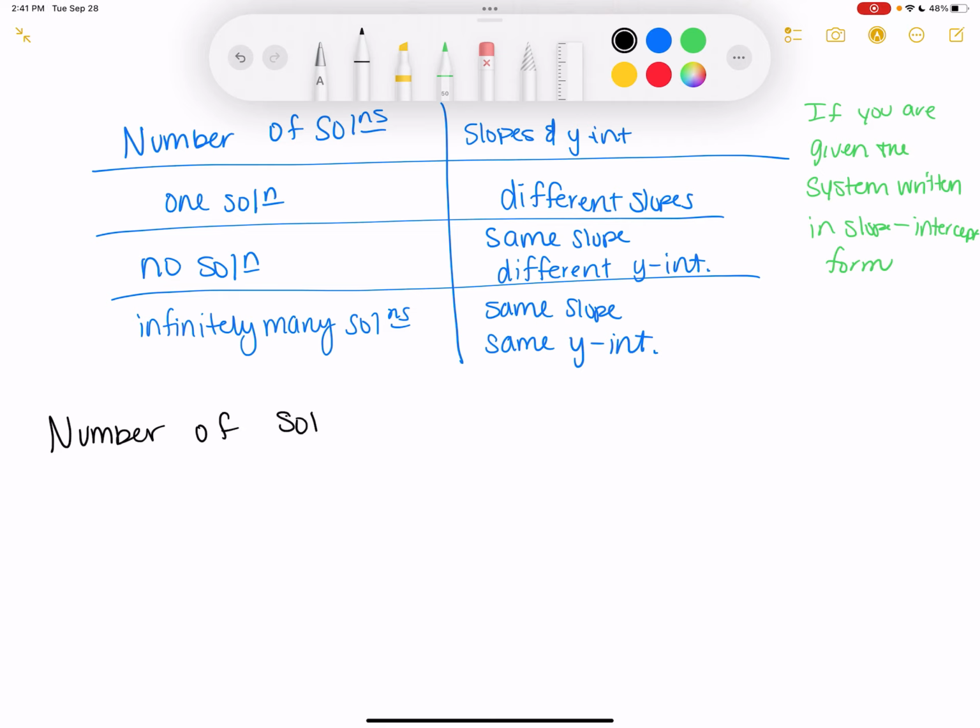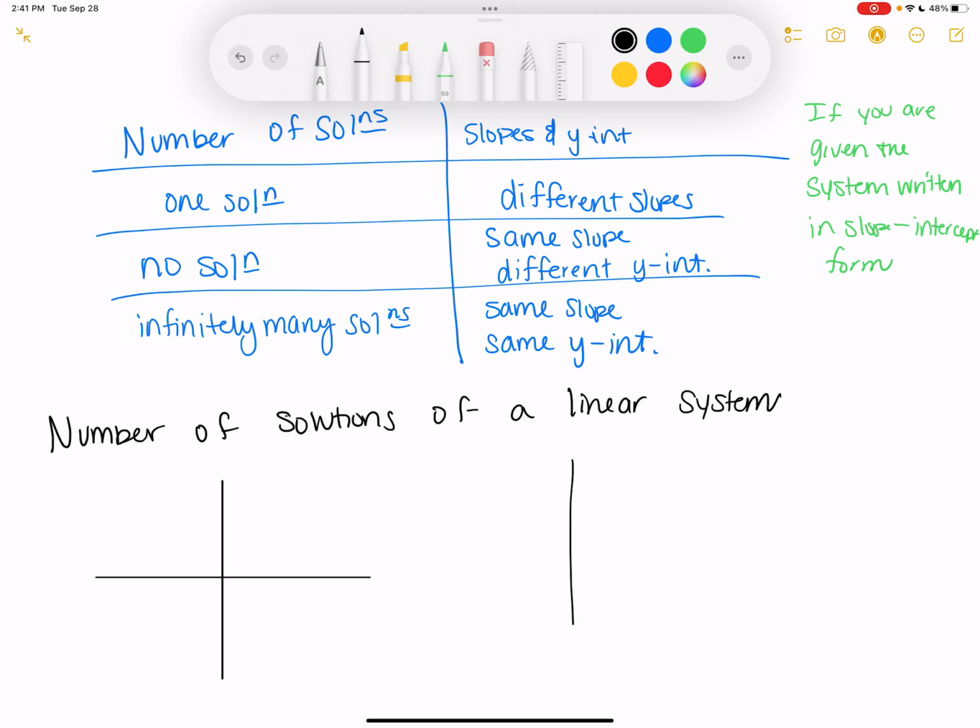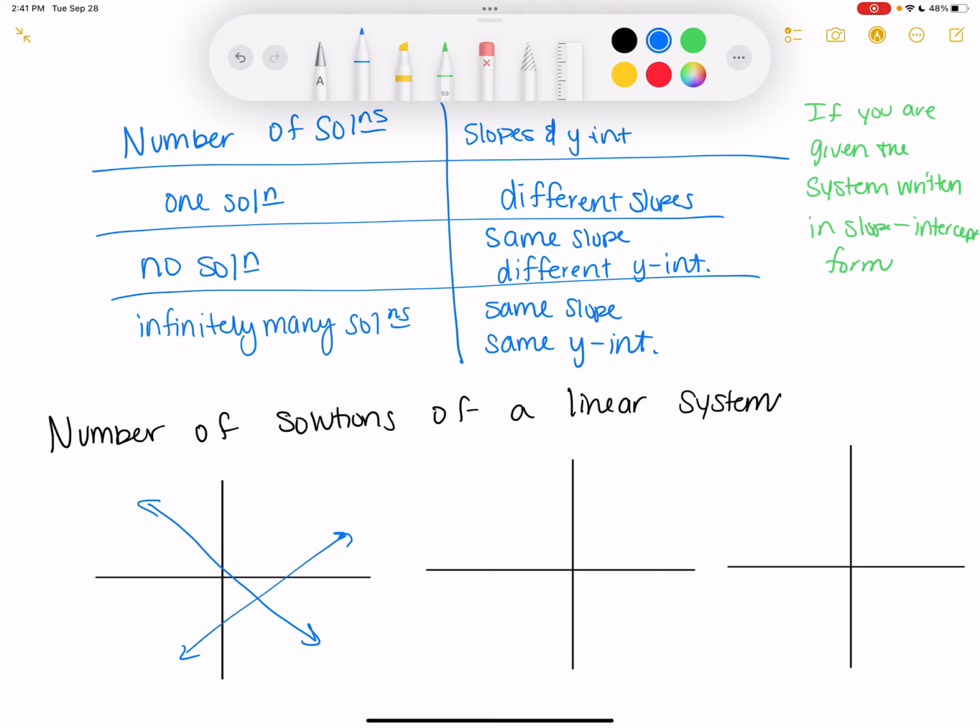Number of solutions of a linear system. If you have a graph like the first one, there's one solution.